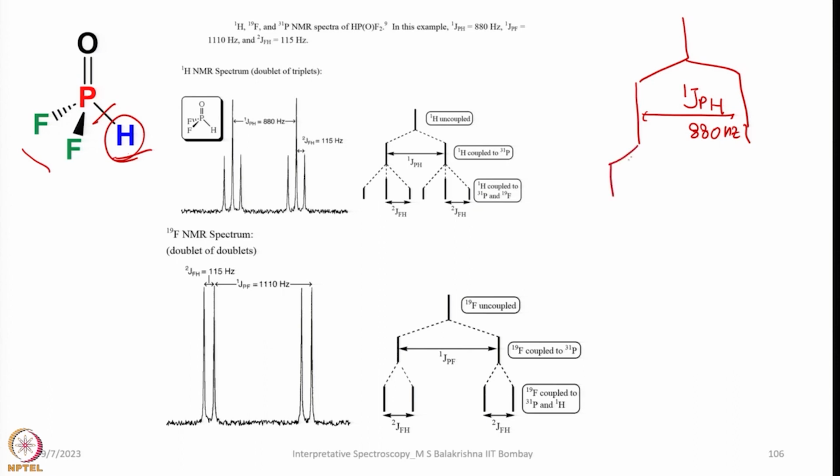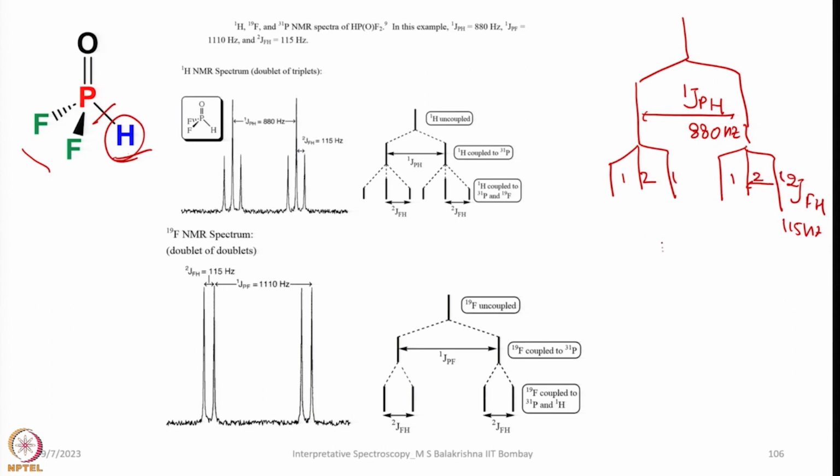That means basically it happens something like this, and this spacing is the 2J FH coupling, in the order of 115 Hertz, and the spectrum should look like this. This is a 1:2:1 ratio, which you should remember from Pascal's triangle, or if you have forgotten I can simply show you.